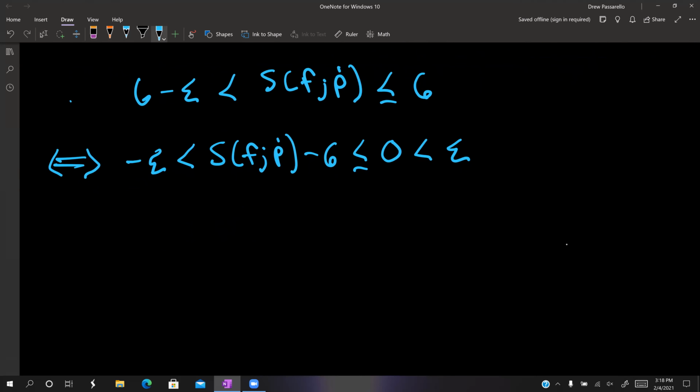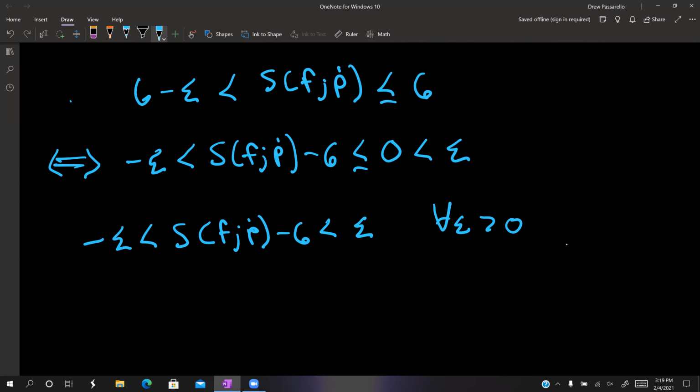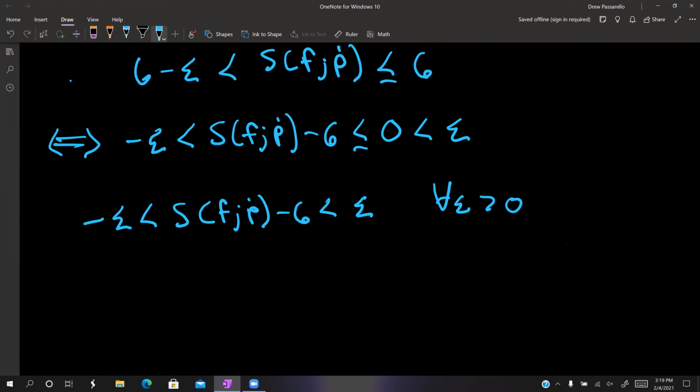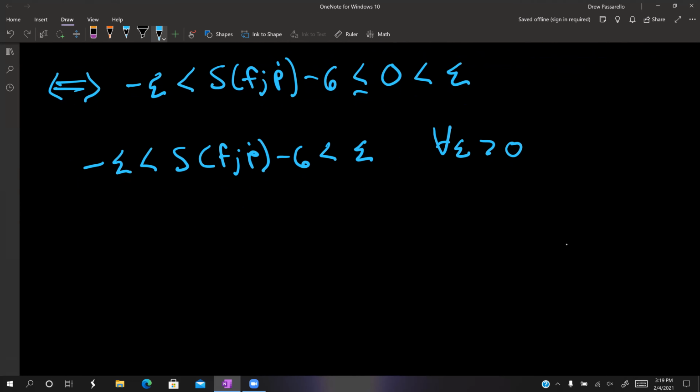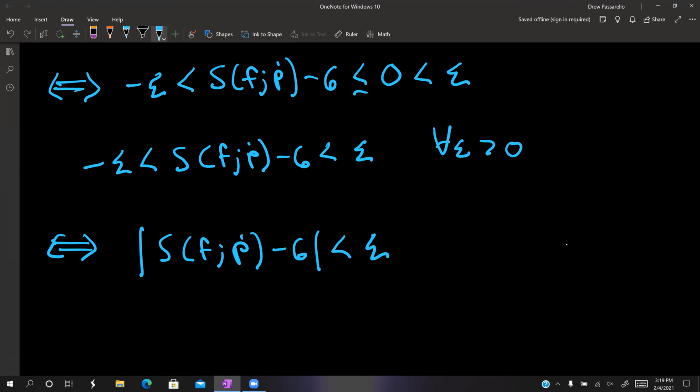So we have negative epsilon less than our summation minus 6, less than epsilon for all epsilon. Well, what does this mean? That's if and only if the absolute value of our summation minus 6 is less than epsilon, which is what we needed to show.